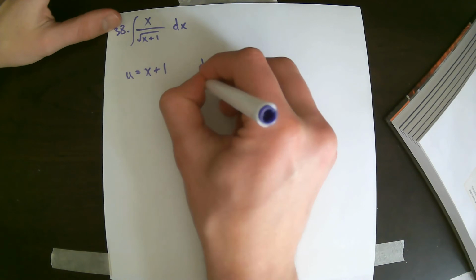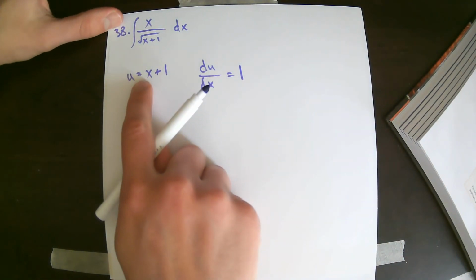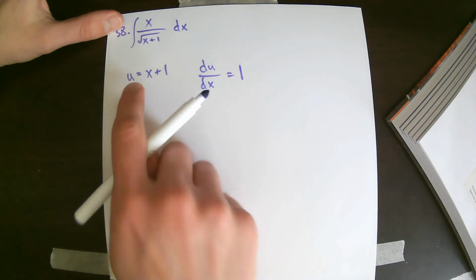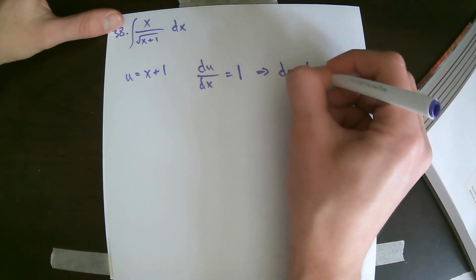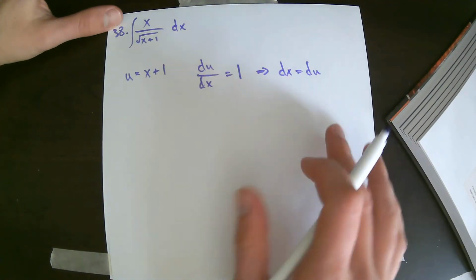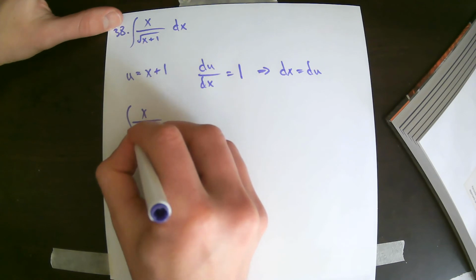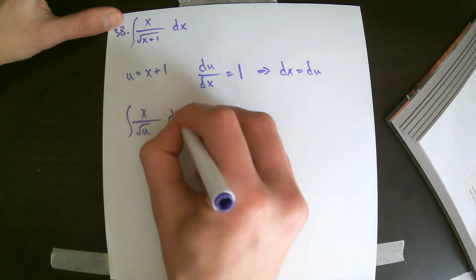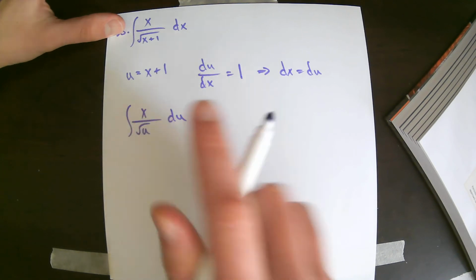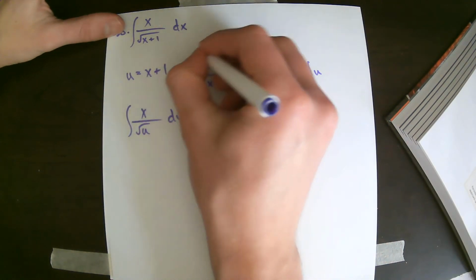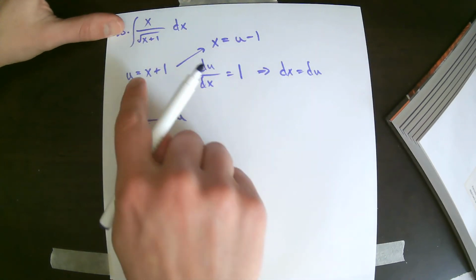So the derivative of u with respect to x is just 1, the number attached to this x. So that implies that dx is equal to du. Direct substitution there. So we're getting the integral of x over square root of u du. That x, that's a problem, right? x is still there. But we can say that x is equal to u minus 1 from this equation.